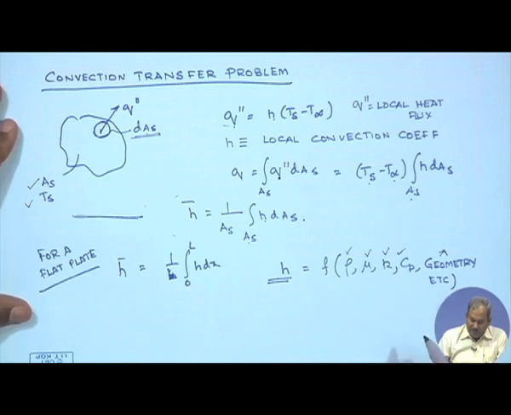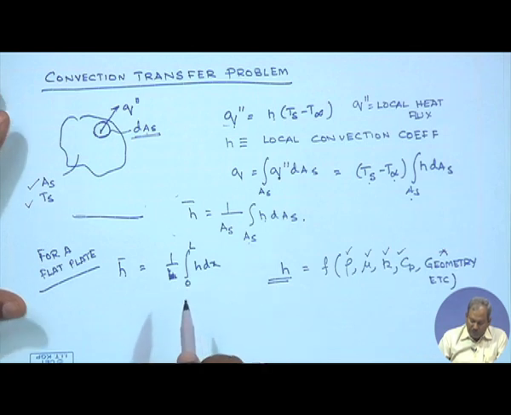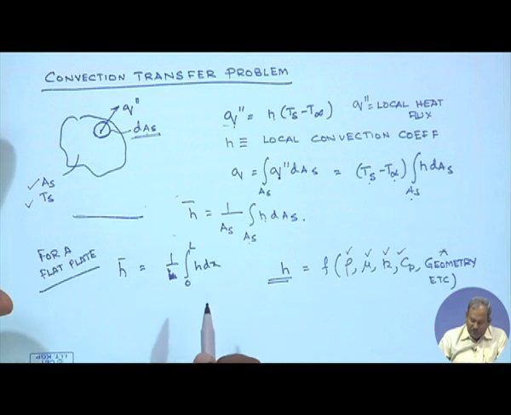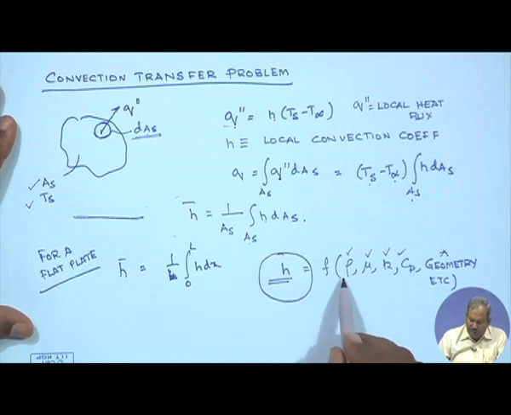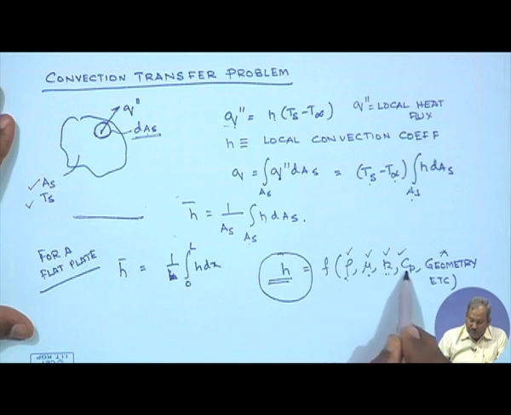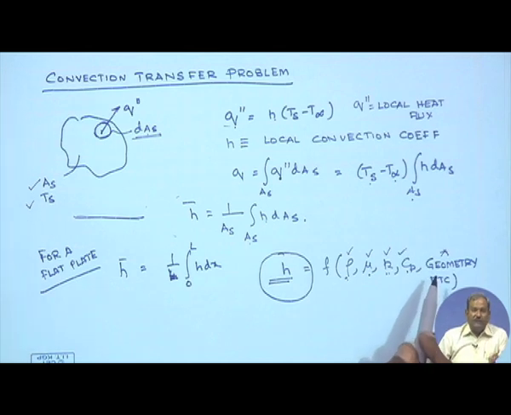So, essentially the goal of analyzing convective heat transfer is to obtain an expression for h in terms of these parameters, or in terms of dimensionless groups which will arise from the combination of these parameters. That is what we are going to do. We are going to obtain the expression for h, the convective heat transfer coefficient, in terms of all these parameters.